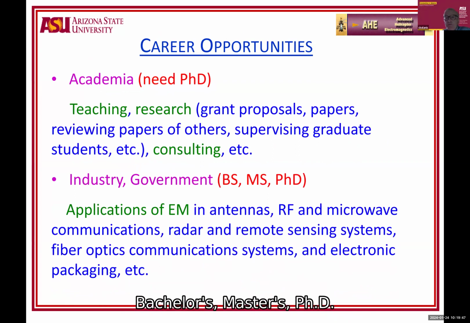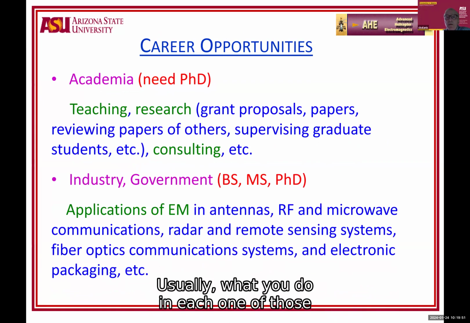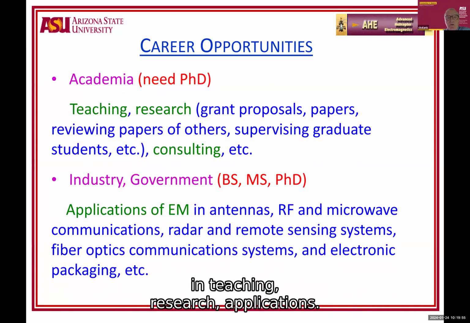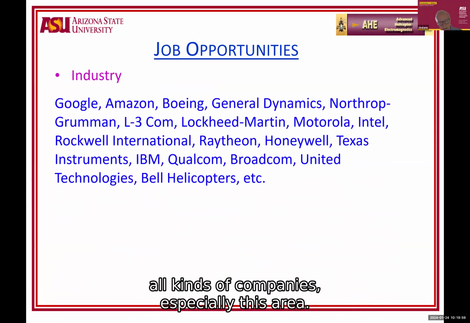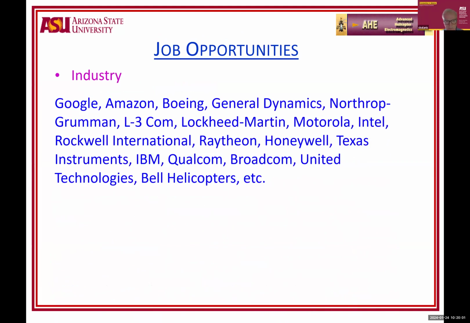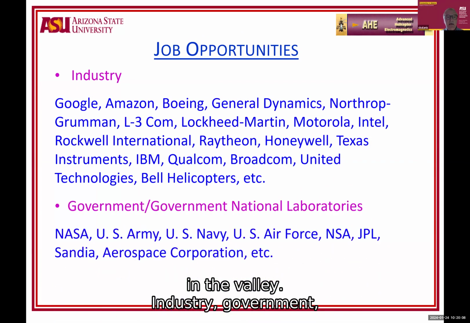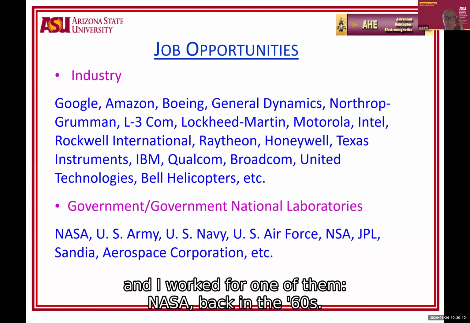Industry, bachelor's, master's, PhD. You can see some of what you usually do in each one of those in teaching, research, applications, job opportunities, all kinds of companies, especially in the Phoenix area. Many of them have facilities here in the valley, industry, government. And I worked for one of them, NASA, back in the 60s.